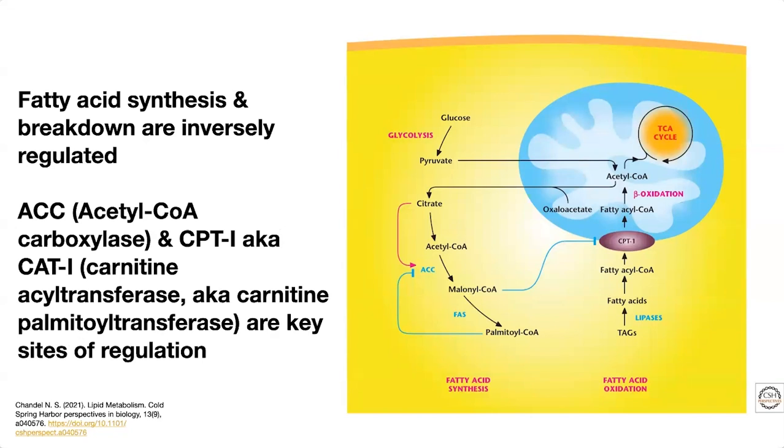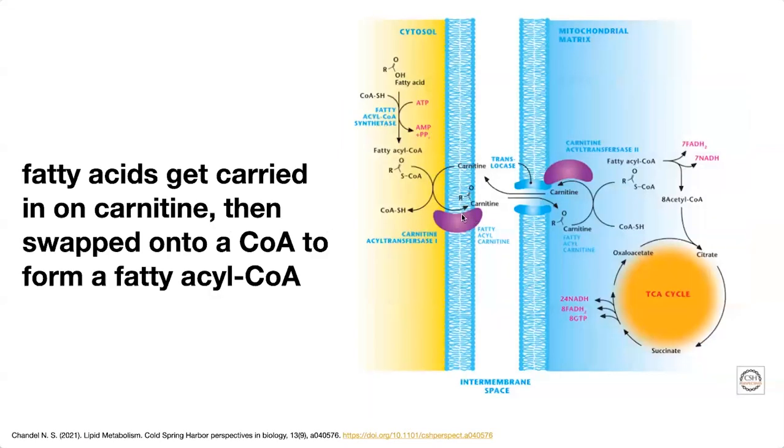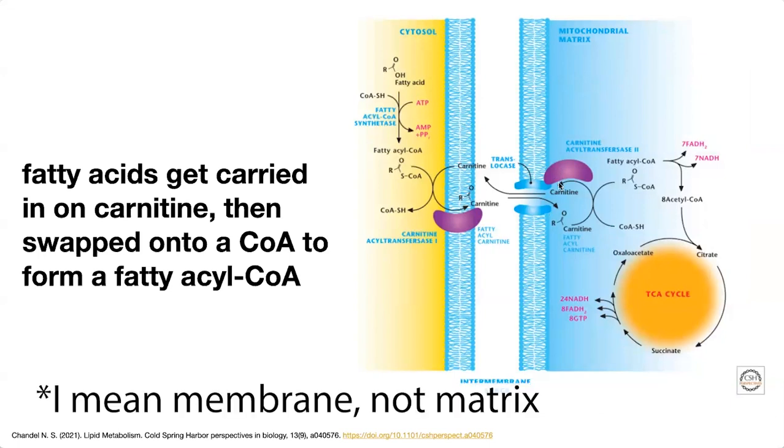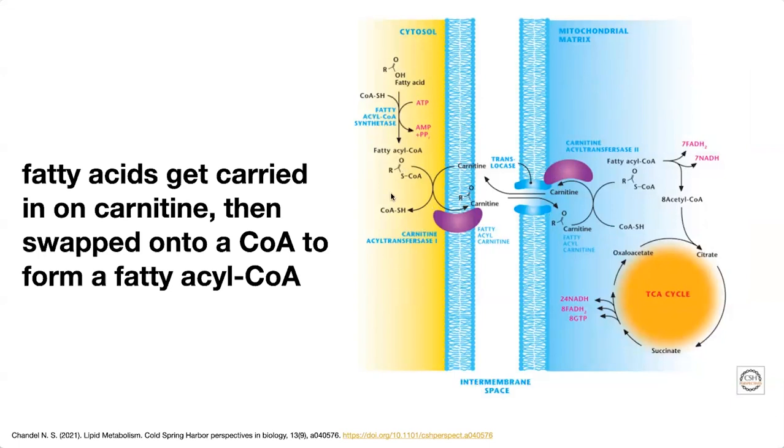In terms of the 1 and the 2, you need one version on the outer mitochondrial membrane and one version on the inner mitochondrial membrane. So CAT1 is on the outer, and CAT2 is on the inner. And we'll discuss in a minute, these are key regulatory points. Once you've swapped your fatty acid onto carnitine, you get a fatty acylcarnitine, which can then go through the translocase located in the inner mitochondrial membrane, giving you that fatty acylcarnitine in the mitochondrial matrix.